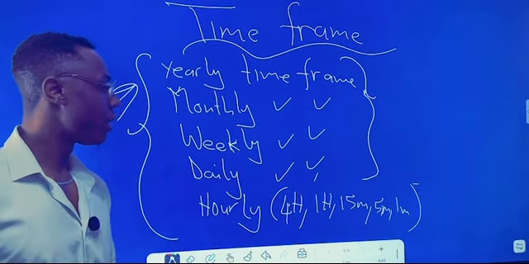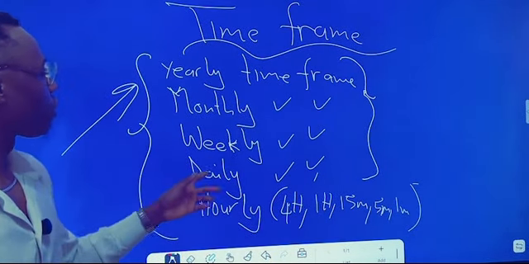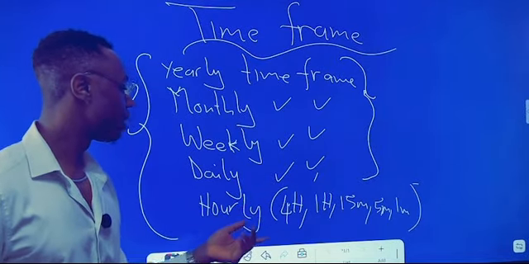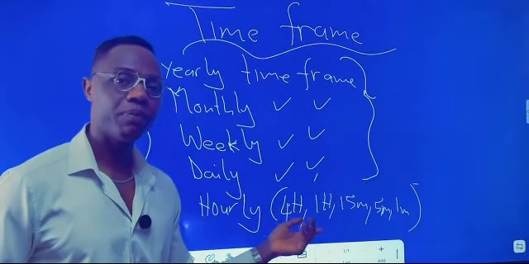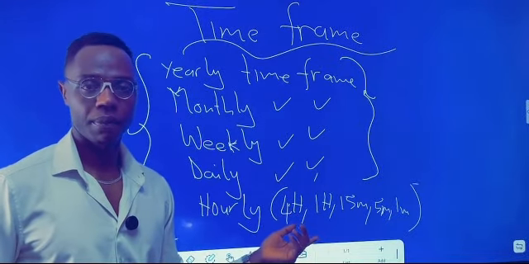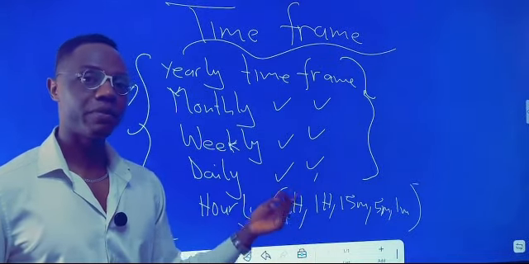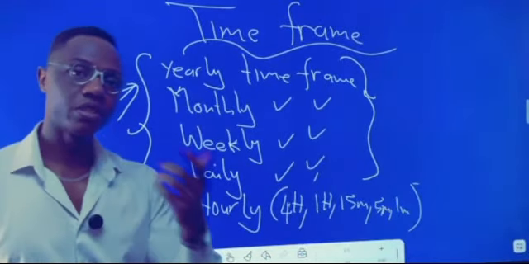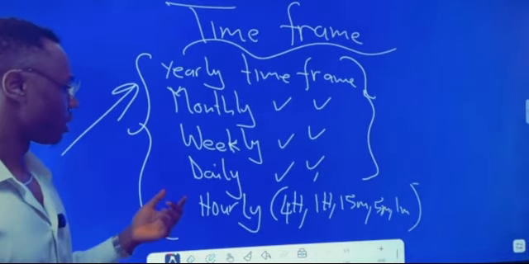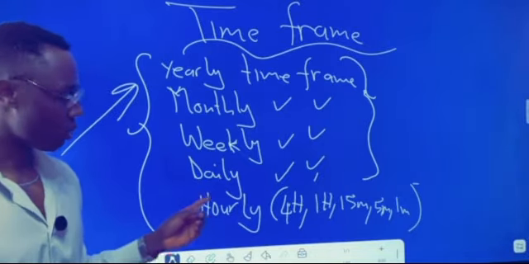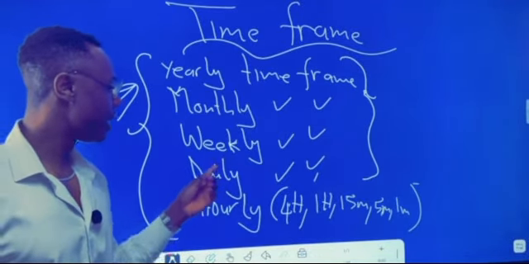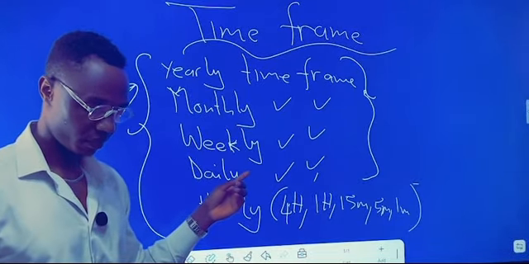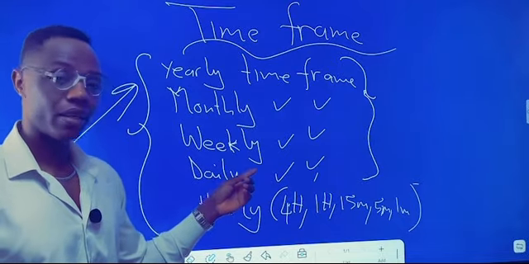Now you can mark support and resistance zones on the daily, the weekly, or the 4-hour time frame, depending on the type of trader you are. If you are a position trader or a swing trader, you need to mark your support and resistance on the weekly and daily time frames.